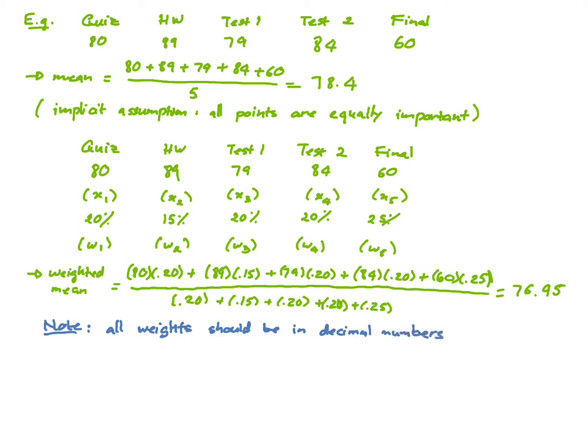Okay. So although in the original problem I have the weights being expressed in percentages, when I use those weights in the formula, I turn all of them into decimal numbers, right? Okay.